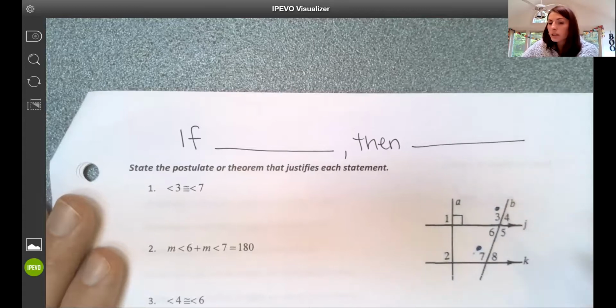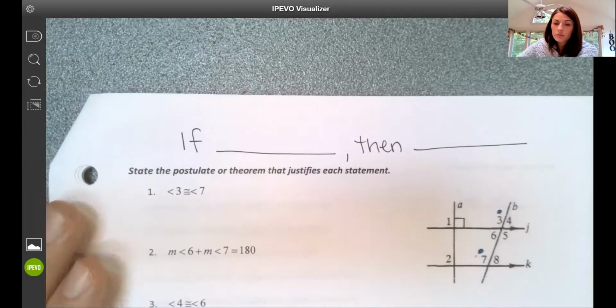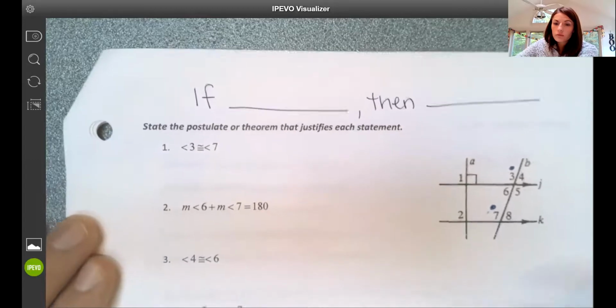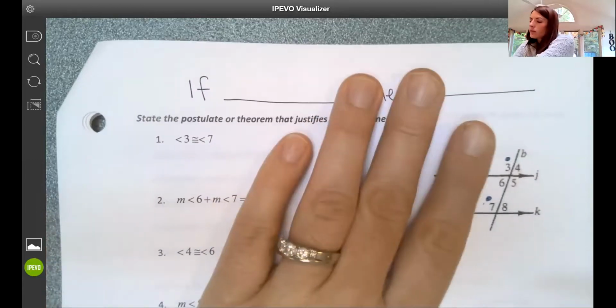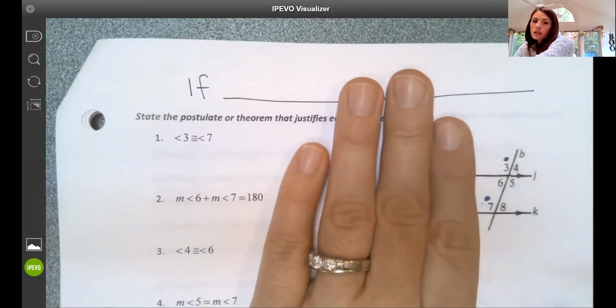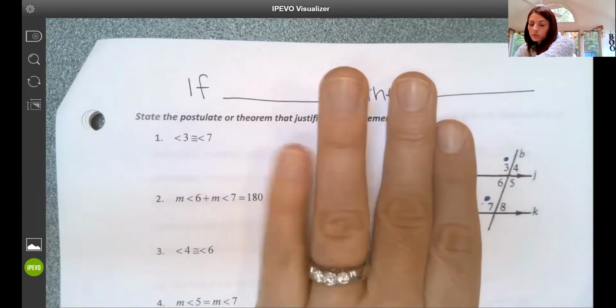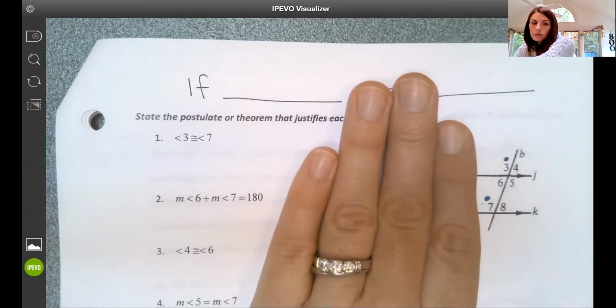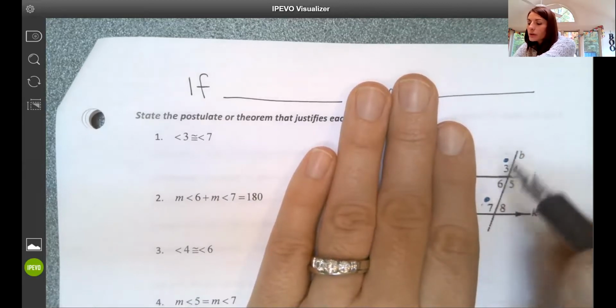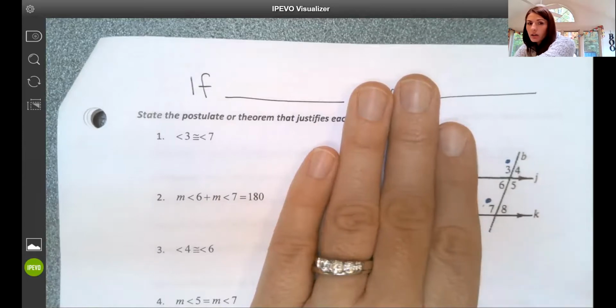What type of angle relationship are 3 and 7? I'll cover this up because they're on this transversal. 3 and 7 are what type of angles? Corresponding? Yeah, good. Okay, and corresponding angles should be congruent if my lines are parallel.